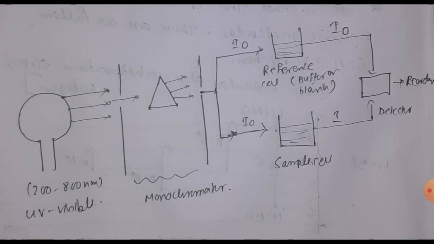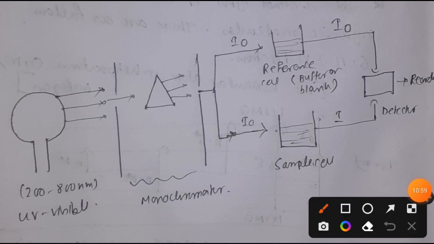Okay, another thing that I would like to mention, that whenever electromagnetic radiation passes through a sample, the sample will absorb some of that electromagnetic radiation, right? As I have told you, this is the basic principle in case of absorption spectroscopy. So just think about it, whenever we eat something, we gain some energy, right? So here the case is exactly the same.